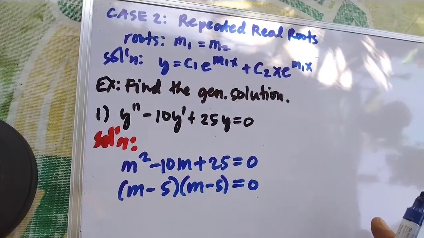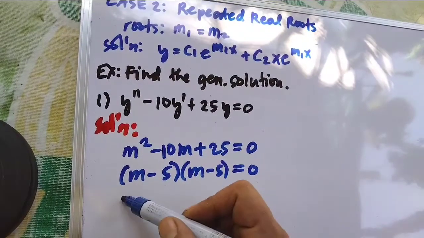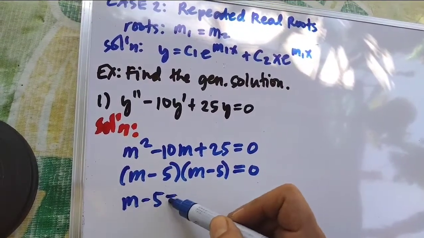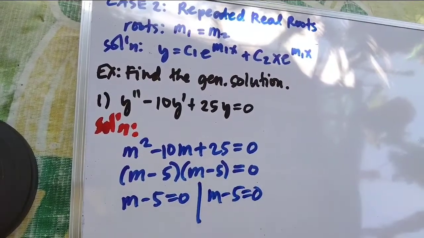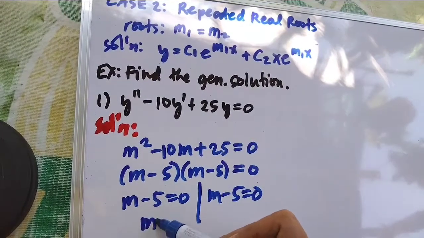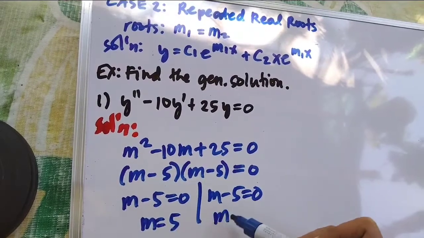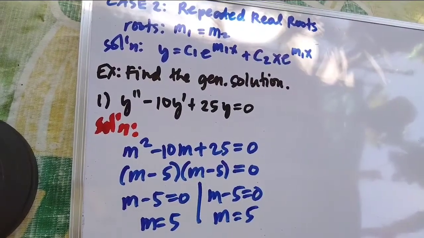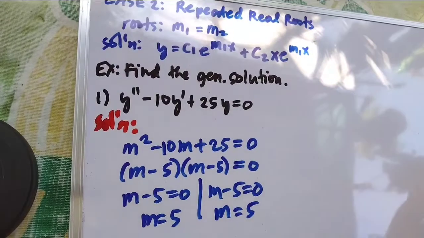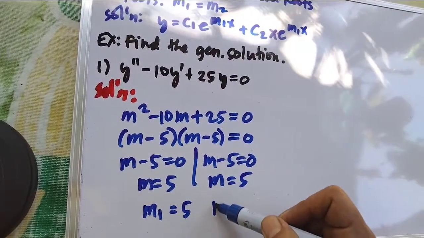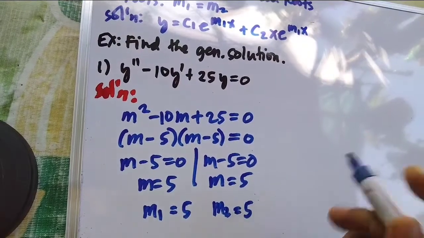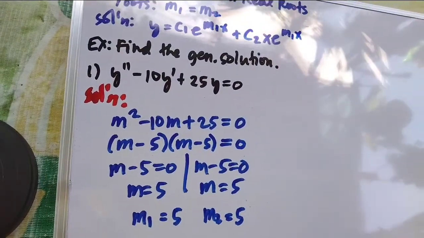So, again, we will set each factor to 0. m minus 5 is equal to 0. m minus 5 is equal to 0. It follows that your m is equal to 5, m is equal to 5. Okay, so meaning to say, your m sub 1 is equal to 5, your m sub 2 is equal to 5. So the same equal roots sila.